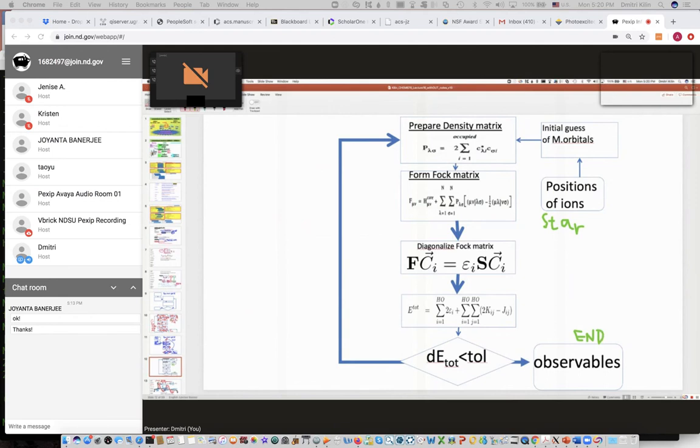In between, one creates this P object, which is called the density matrix, and uses it to formulate a new Fock matrix. Then this Fock matrix is diagonalized, finding eigenvalues, and upon finding matrix elements in the basis of these new expansion coefficients, one finds the total energy.